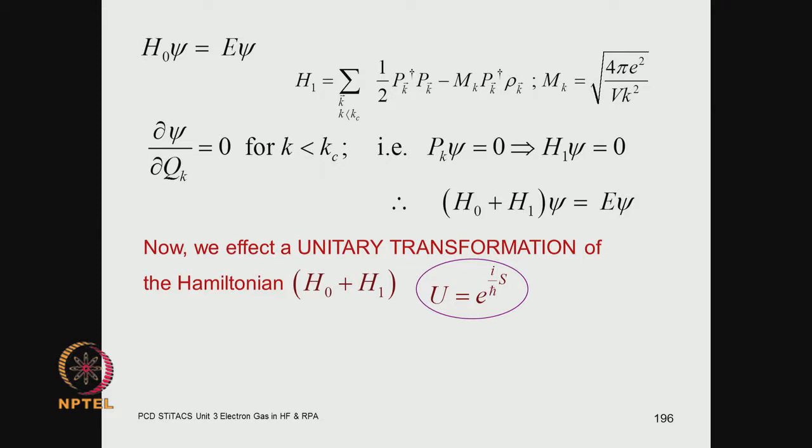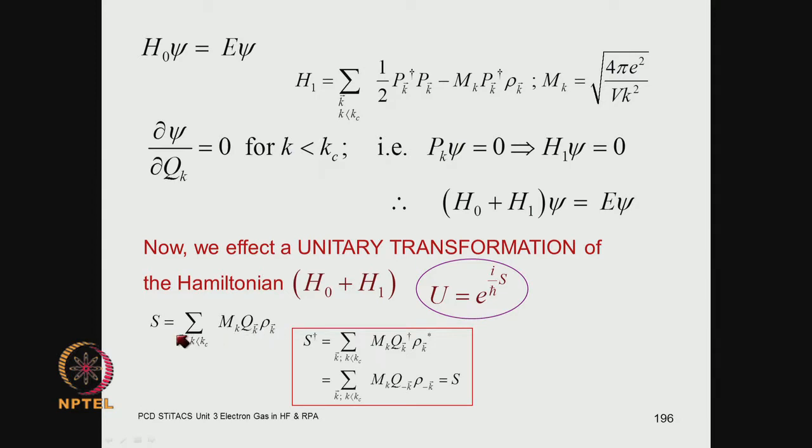So, what kind of unitary transformation are we searching for? So, this is a typical expression for a unitary transformation. Okay? We choose this operator S to be given by this sum over k with k less than kc, which is this upper limit on k, of product of these three terms.